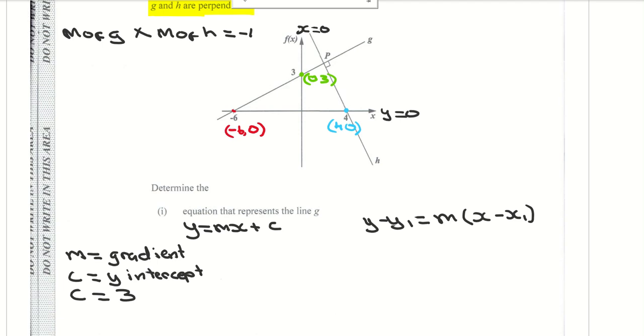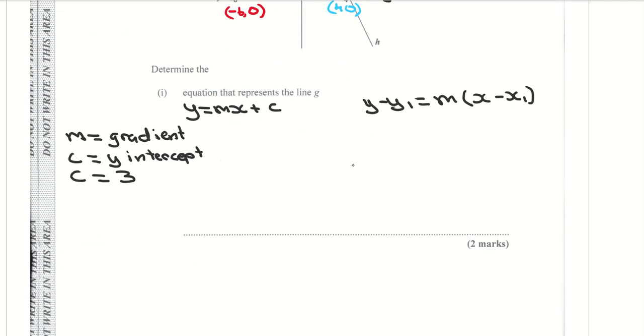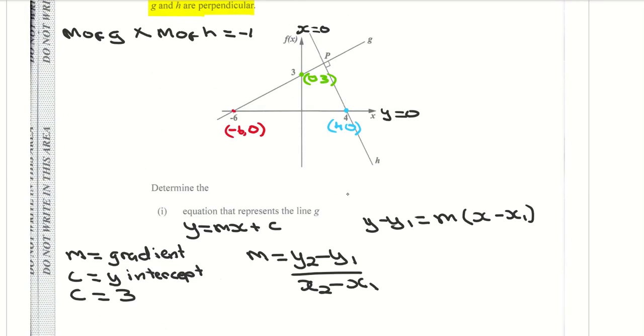Now your gradient, we have to remember the formula for gradient. Gradient is equal to y2 minus y1 all over x2 minus x1. When finding a gradient, you need two coordinates. We already have two, 0, 3 and -6, 0.